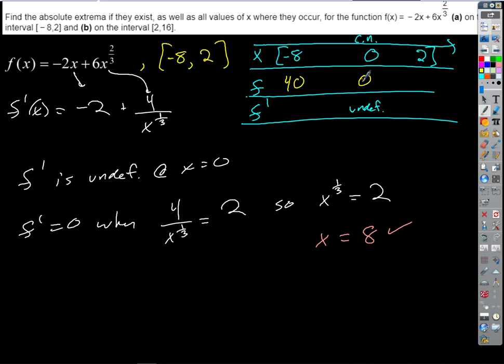What's f of 2? Something weird, right? We're going to get -4 plus 6 times 2 to the 2/3. Who knows what that is? 6 times 2 to the 2/3 minus 4. What's that roughly equal to? 5.5-ish.